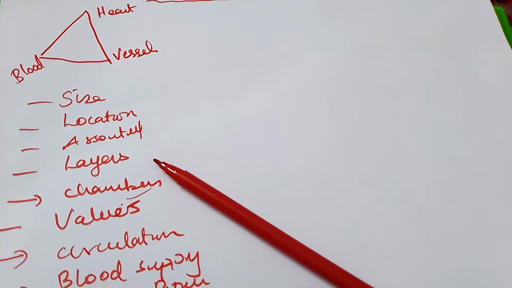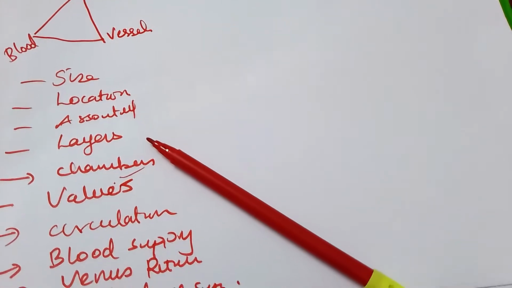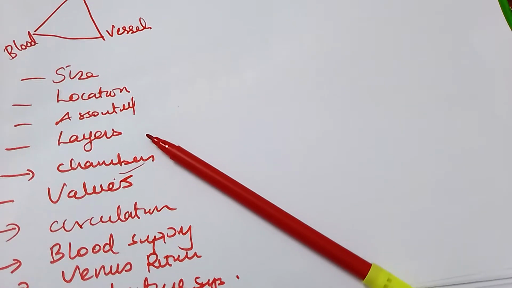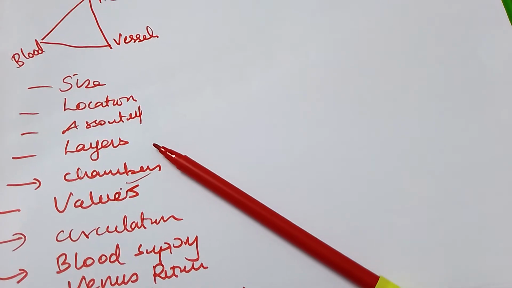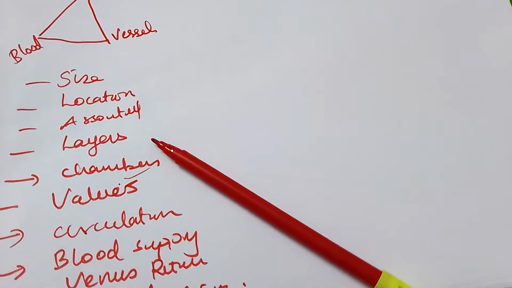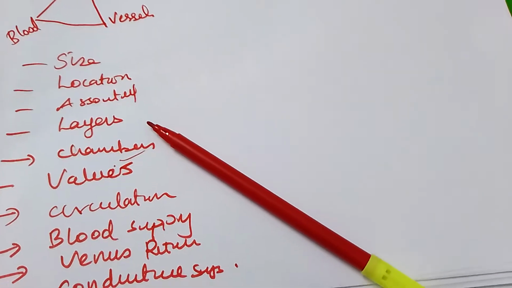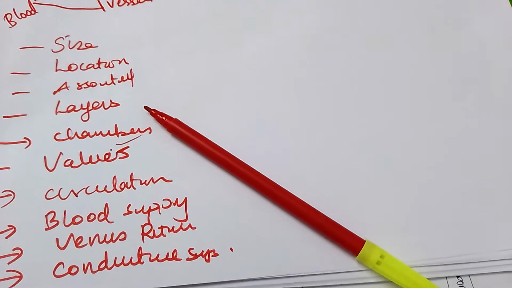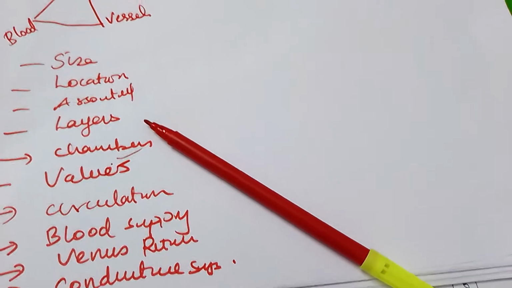And then the chambers of the heart, the valves of the heart, and the circulation. I told you in the beginning itself, two kinds of circulation: systemic circulation and pulmonary circulation. And what are the circuits, the blood supply of the heart, the venous return, and the conductive system of the heart. Is it over?